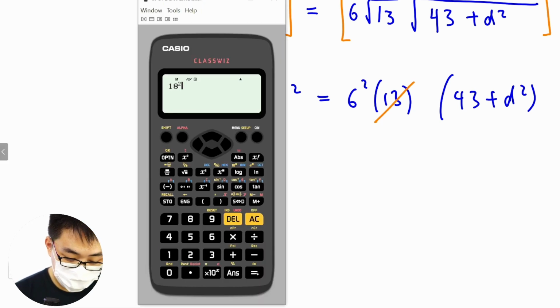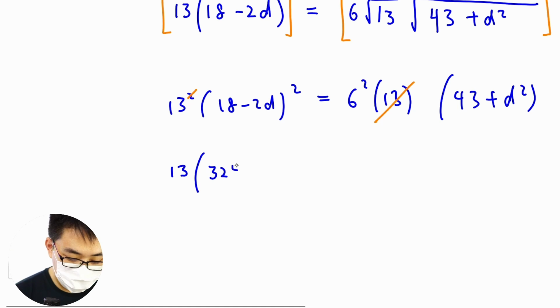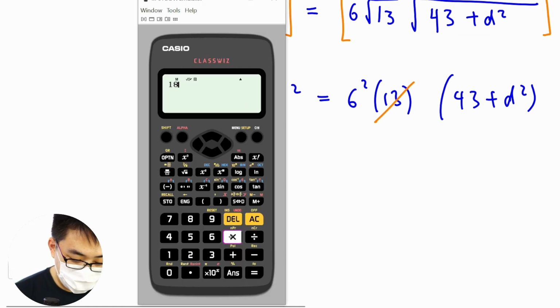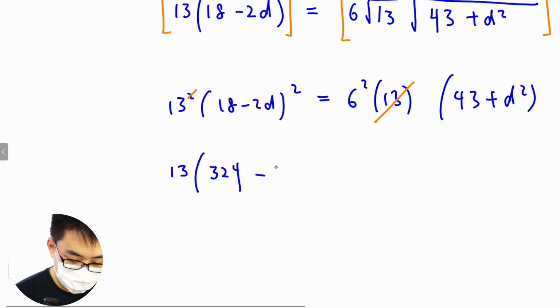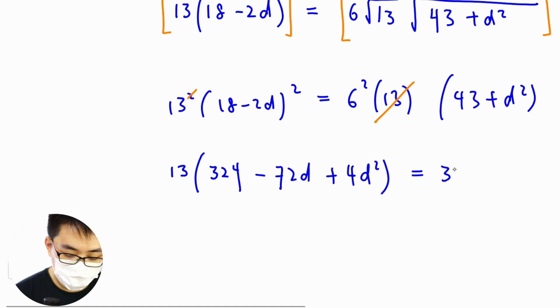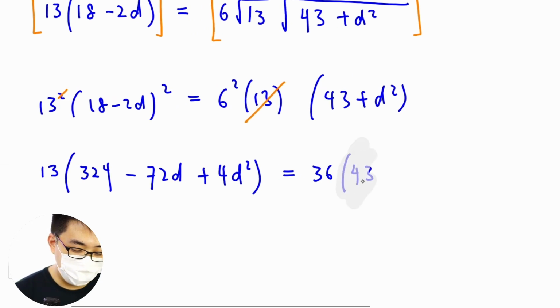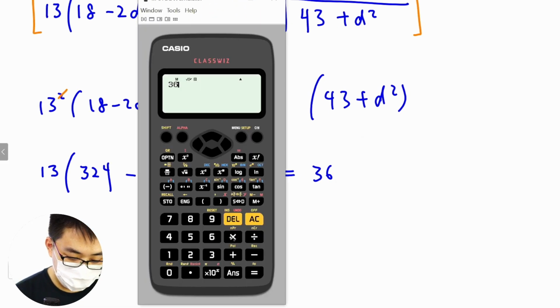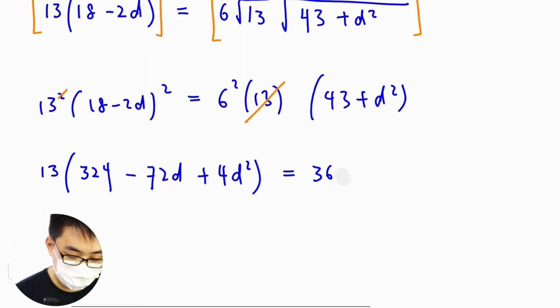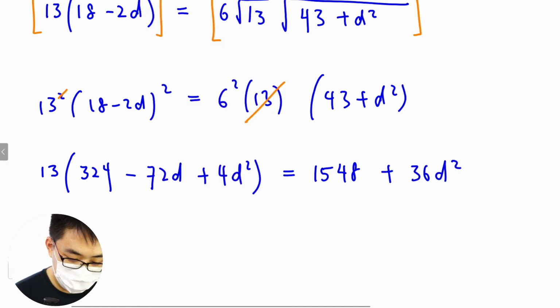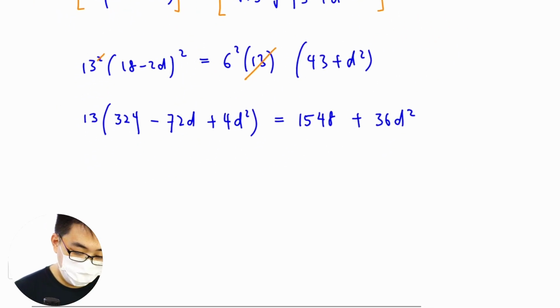13 square, 4 times 2. Okay, I think here onwards should be fine. I feel it's more of manipulation already. 1, 5. Slowly.